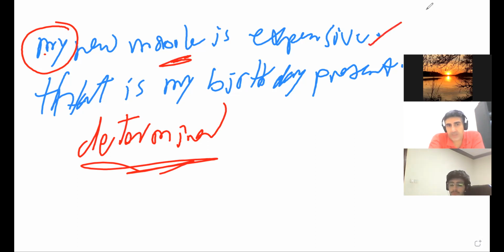Another sentence: that is my birthday present. That is another determiner, pointing to the mobile too. So my and that are determiners because they help you define which noun you mean. Is it clear?